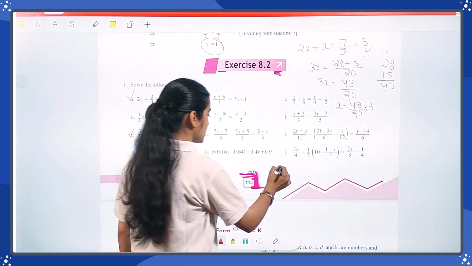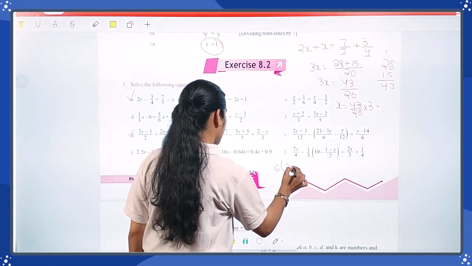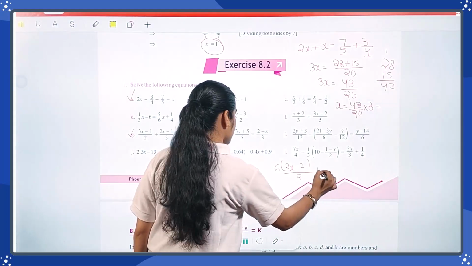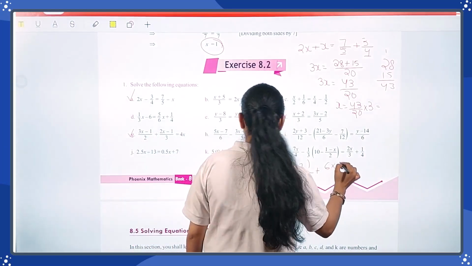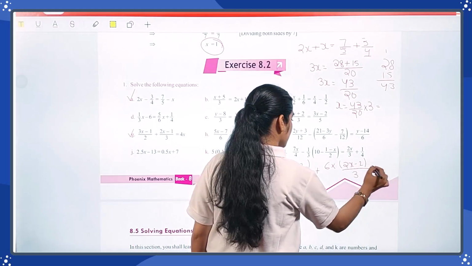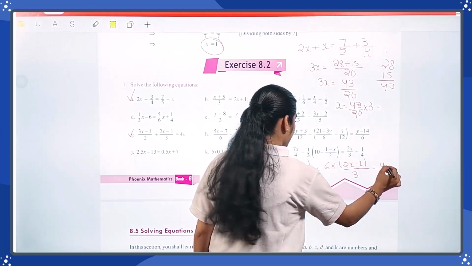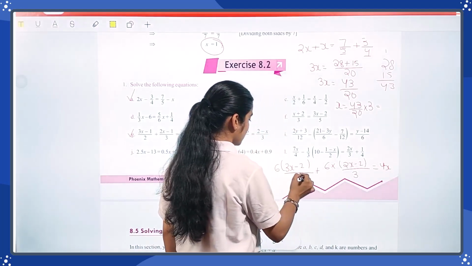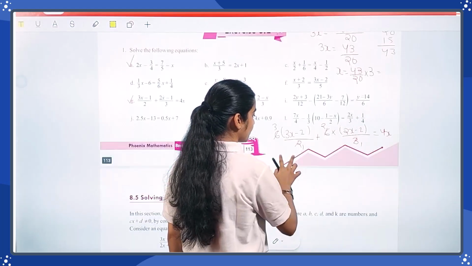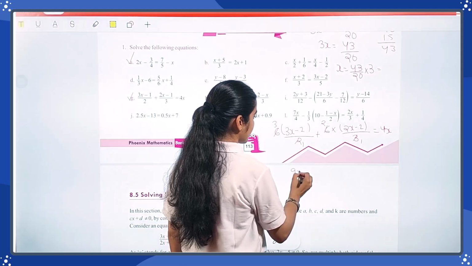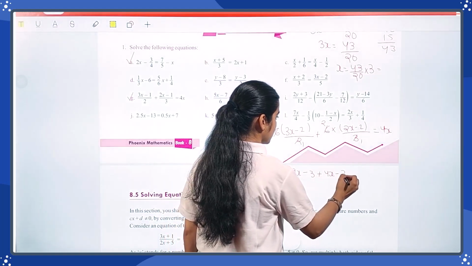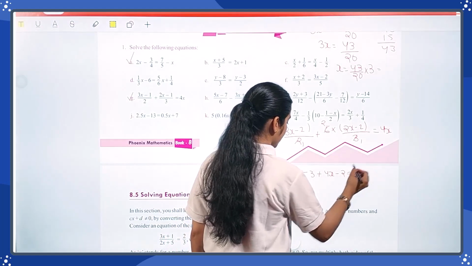Now what you have to do, 6 multiply 3x minus 1 by 2 plus 6 multiply 2x minus 1 by 3, which is equal to 4x. Now change it. 3 3s are 9x minus 3 plus 2 2s are 4x minus 2 is equal to 4x.